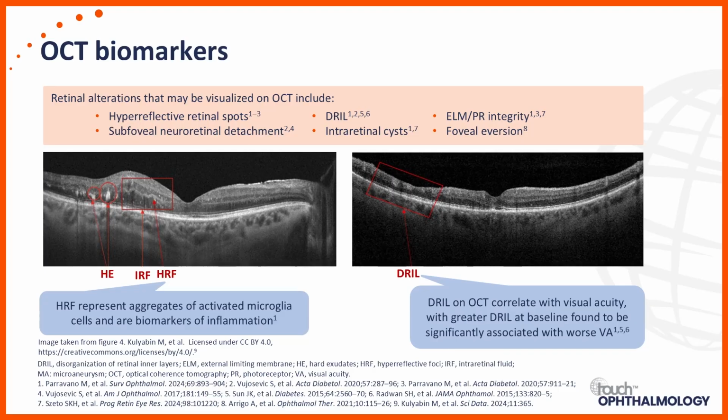We can evaluate the cysts in the retina, so the size and the location of the cysts, as well as the reflectivity of the cysts. We can also evaluate the disorganization of the inner retinal layers, the so-called DRIL, and also the integrity of the outer retinal layers, especially of the external limiting membrane and of the photoreceptors.